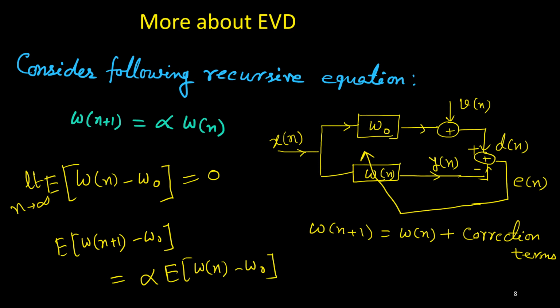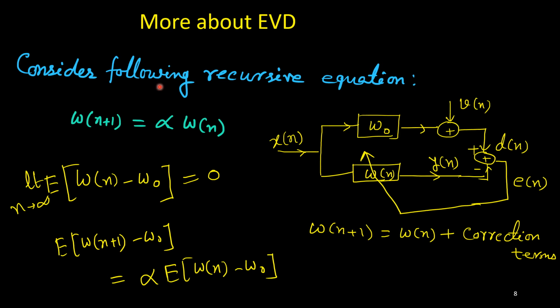We'll discuss this in detail later in adaptive algorithms, but for simplicity I want to avoid writing the expected value and W0. So I have simply considered one random variable W, but there is no connection with the earlier W. Be careful. I want to show that if this kind of recursive equation is there, then it will converge to 0 under one condition on alpha. That only I wish to investigate right now.